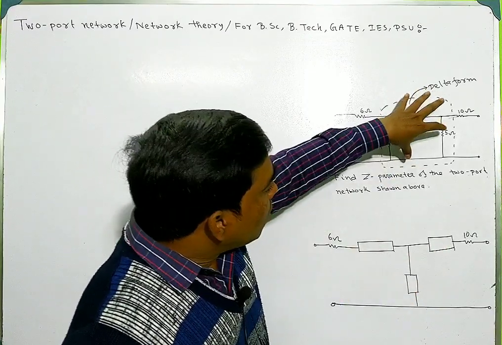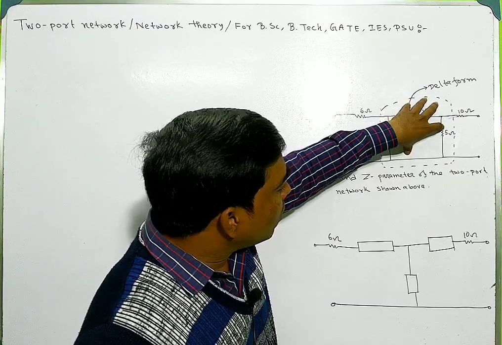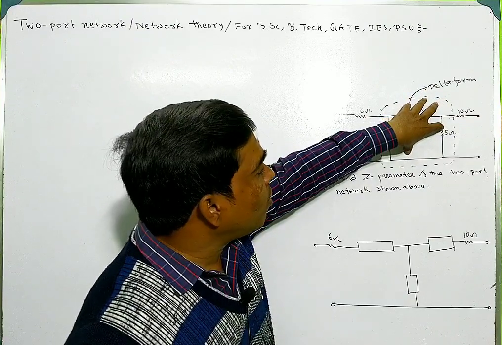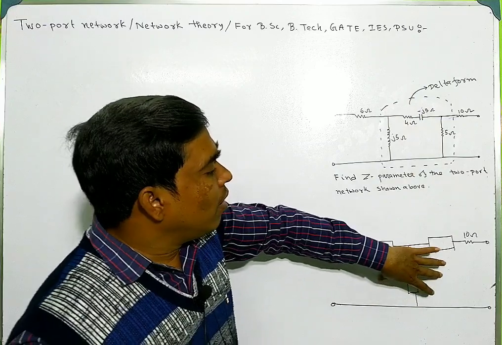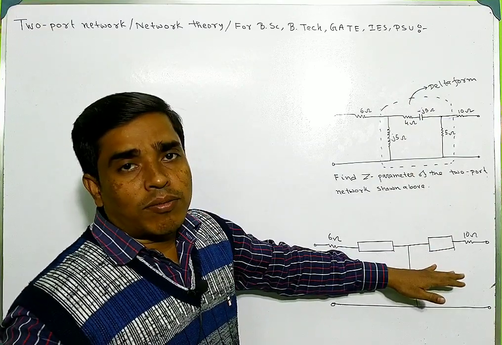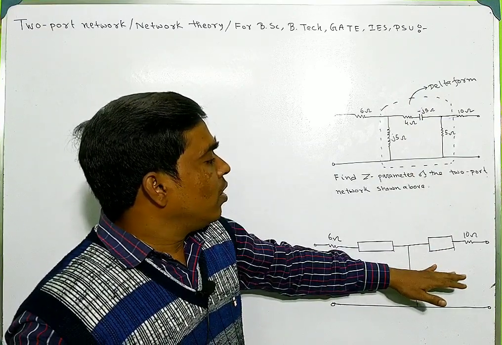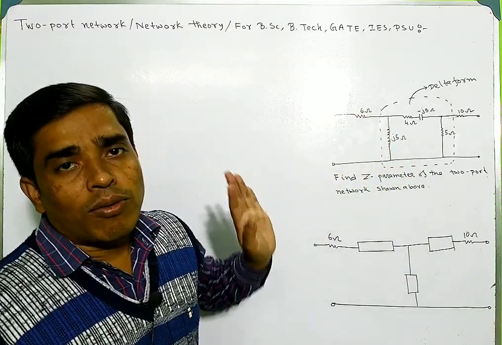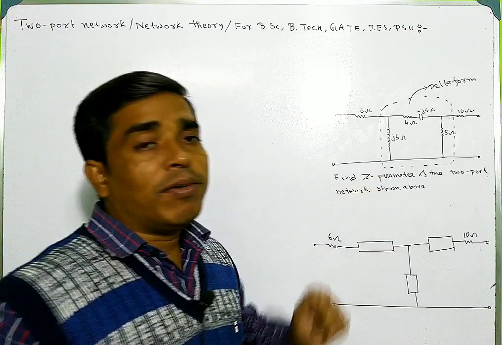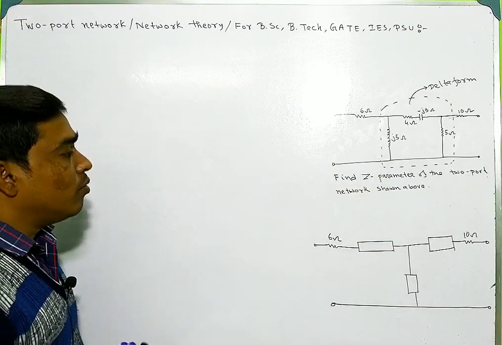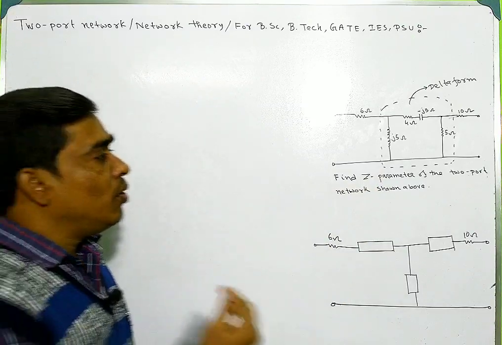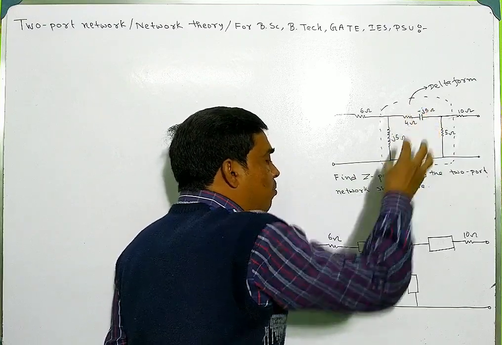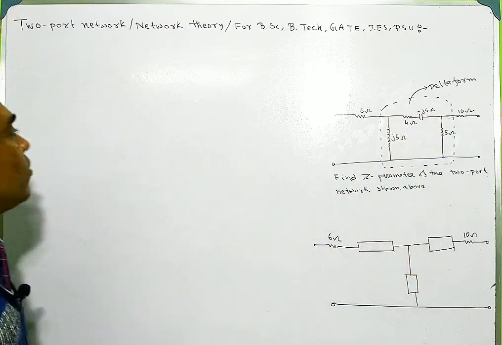So this delta form must be transformed into a star form, okay, T form. Then it will be easy to calculate the Z parameter of this network. So first of all, we will transform the delta form into this T form.